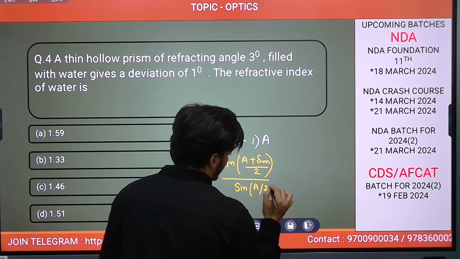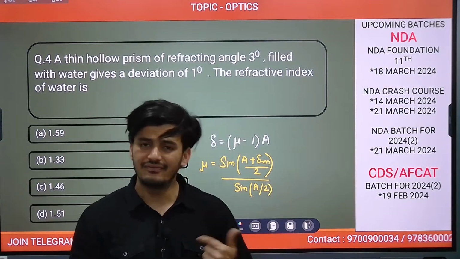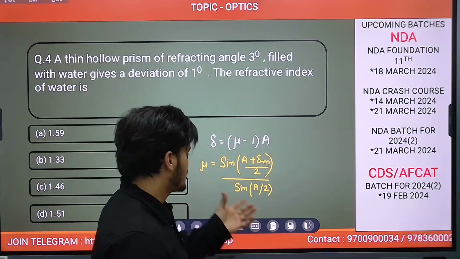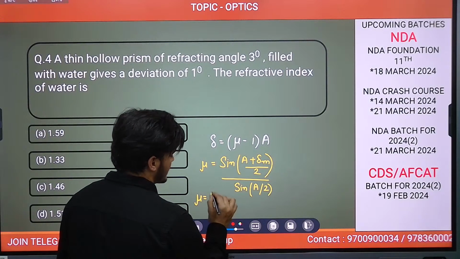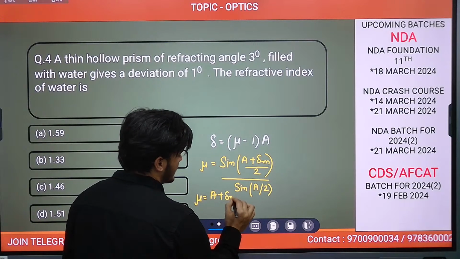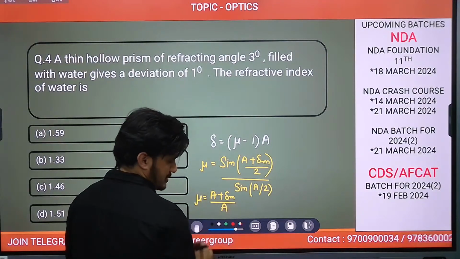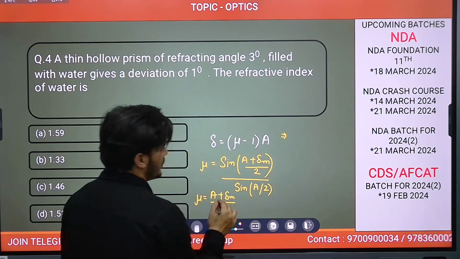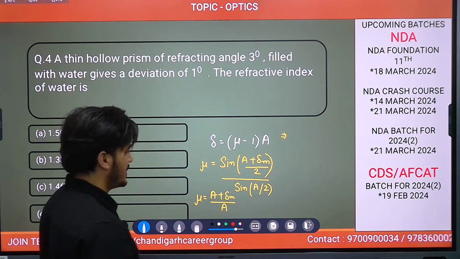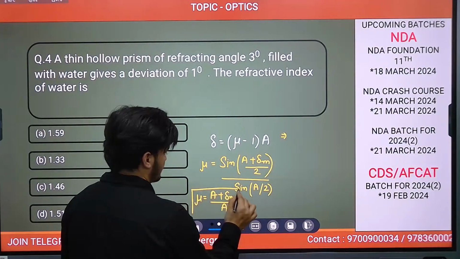This is the way to calculate the refractive index of the prism. Now this sine will get cancelled. Mu is A plus del m upon A. And when I want to calculate the value of mu, we could calculate it like this. ठीक है जी. So this is the formula.